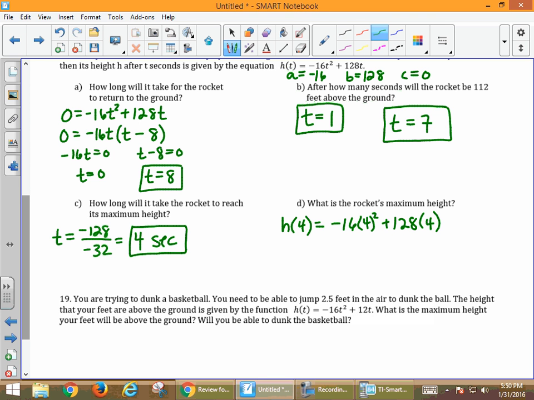Negative 16 times 4 squared is negative 256 plus 128 times 4 is 512. So 512 plus negative 256 is 256. So 256 feet.